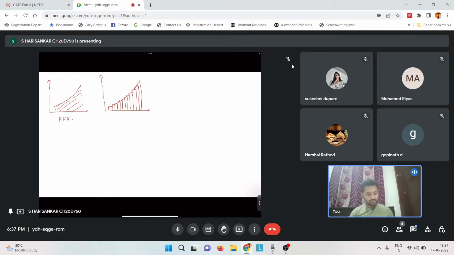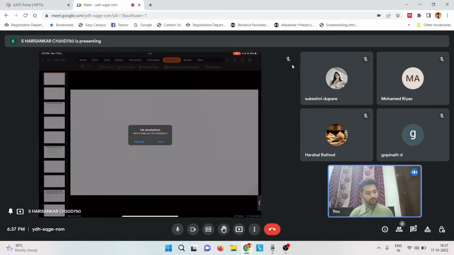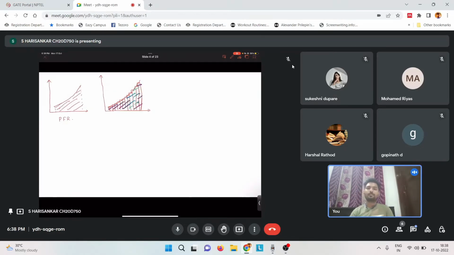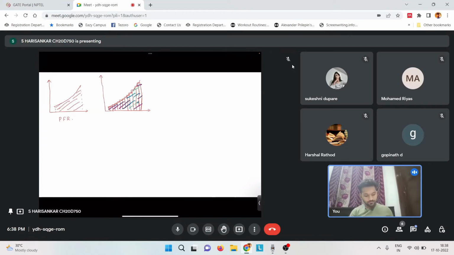So in both these cases, the area is basically the area under the curve. So here for infinite CSTRs, the area will be like this. So this is basically the area under the curve only, and that is pretty much the area under the curve for PFR as well. So that is why we say an infinite number of CSTRs in series is equivalent to a PFR.